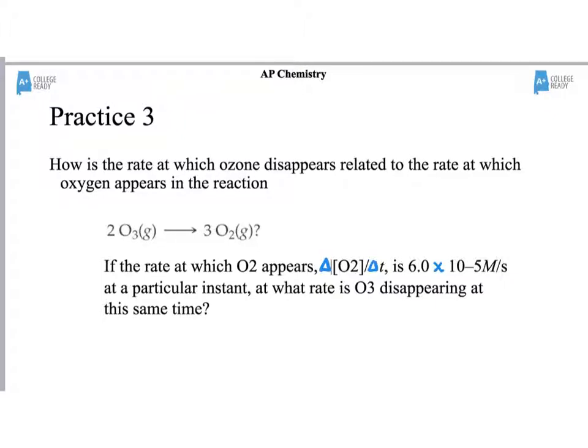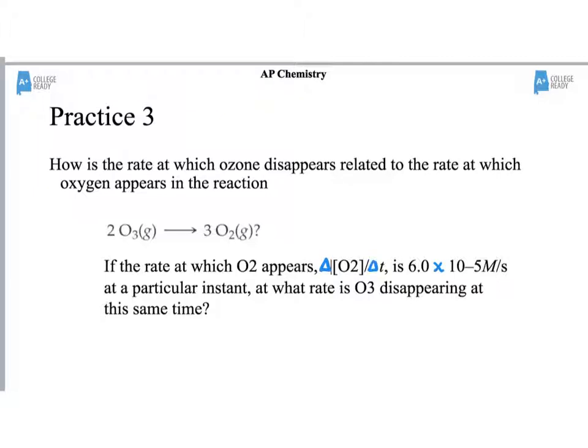All right, let's practice. This is where they get a little bit confusing because none of them are 1. So how is the rate at which ozone disappears related to the rate at which oxygen appears? So for every 2 ozone, we get 3 oxygen.